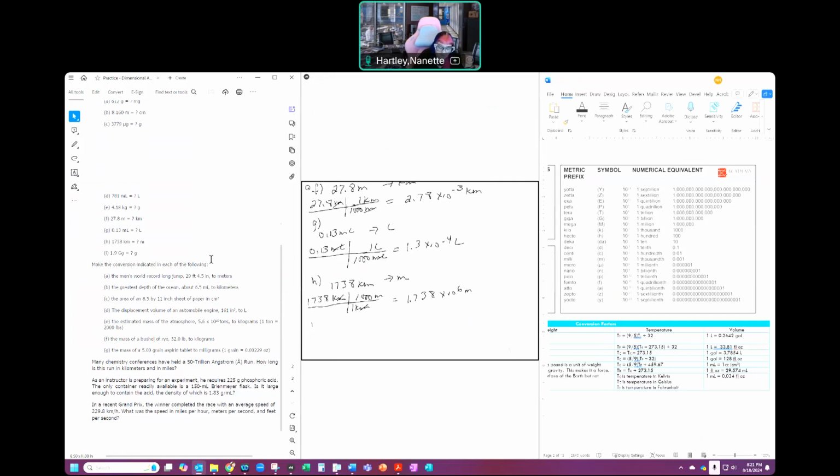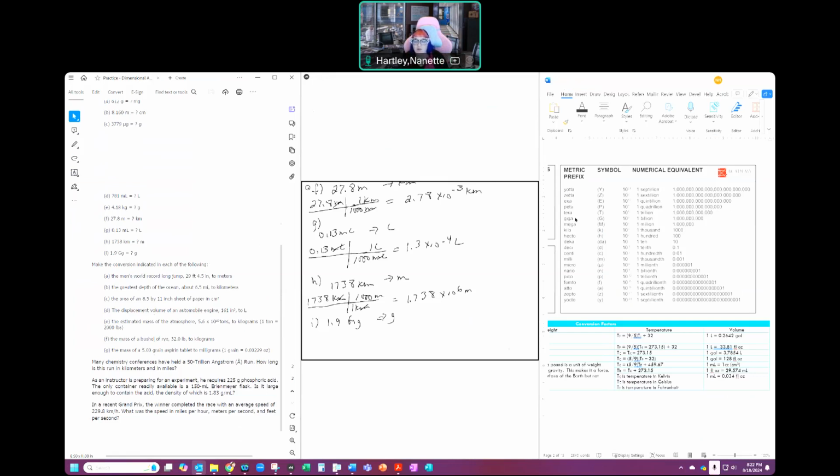Now, this last one, not as comfortable for me. 1.9, and it says G. And what that actually means is gigagrams. Is how many grams? Well, that's an interesting question. I don't know.